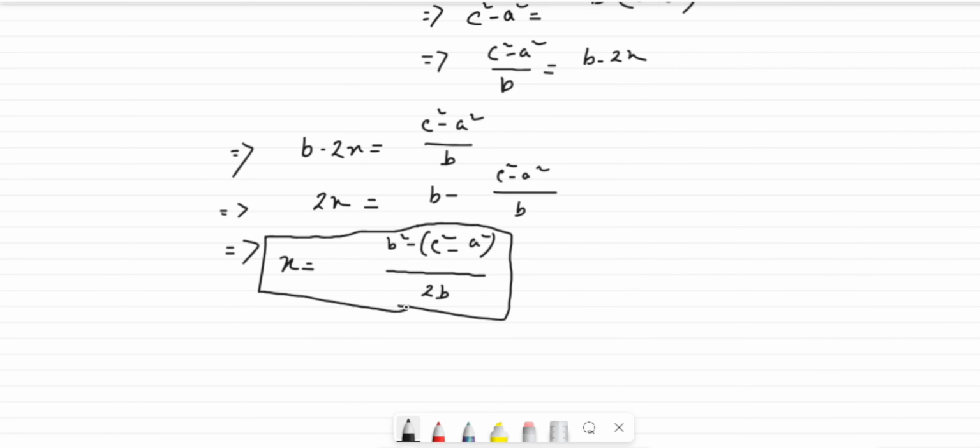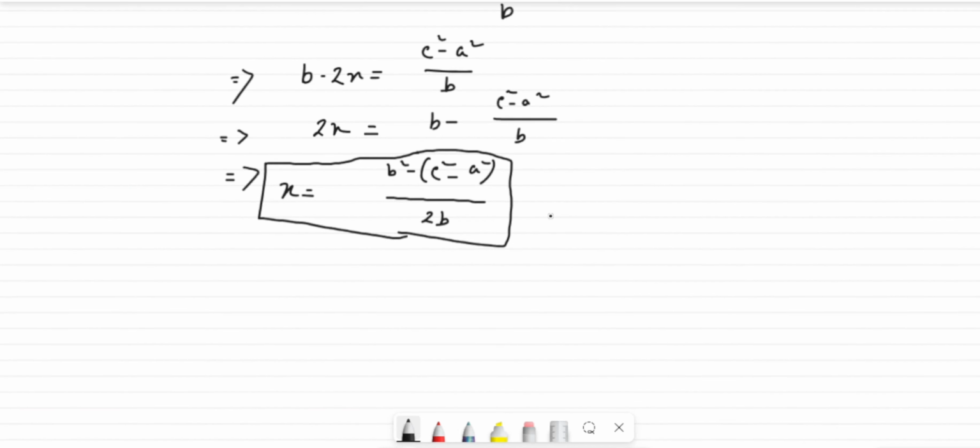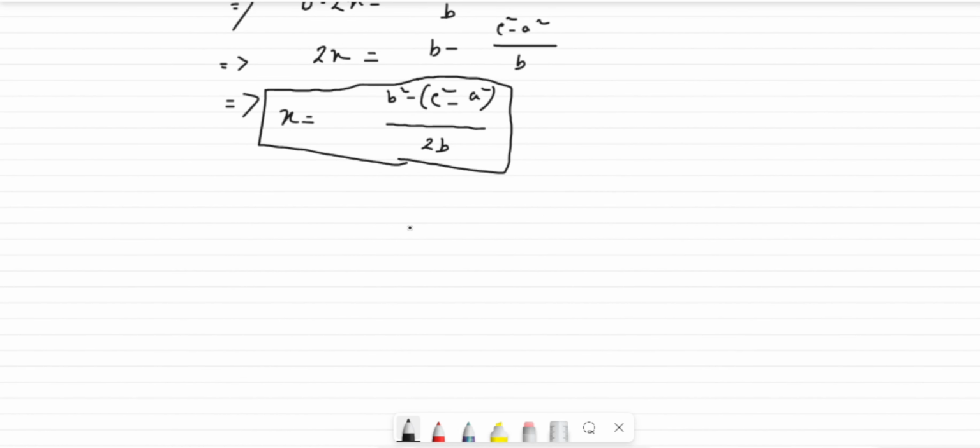Right? So we can actually put this value of X into this equation. So H square equals A square minus X square, right? H square equals A square minus X square.